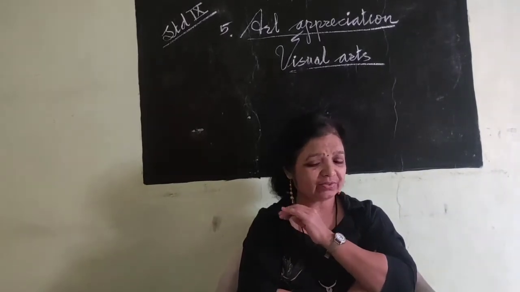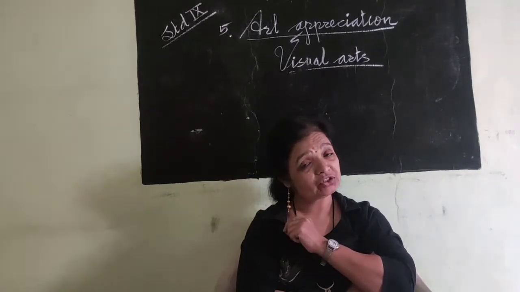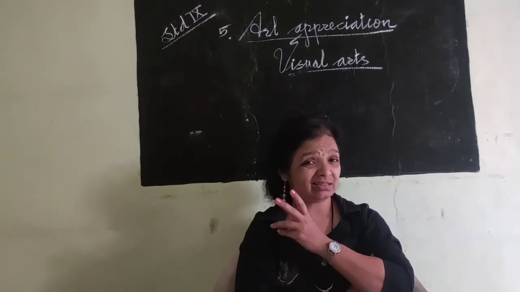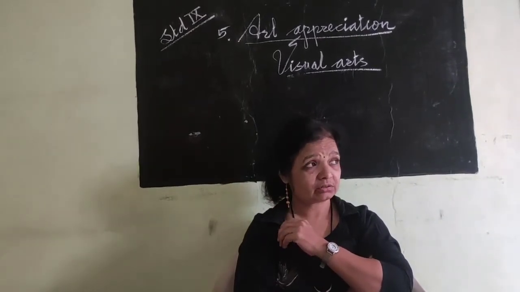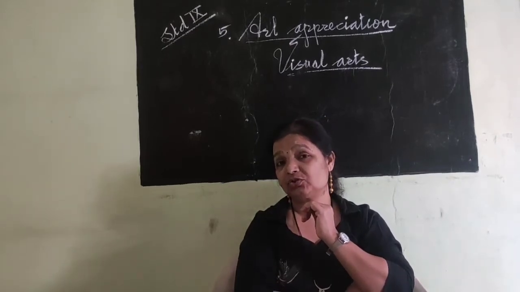Okay, so when we use the basic shapes, suppose you want to draw a memory picture, and take one example, a scene at the seashore. You want to draw that picture. For that, what to do?